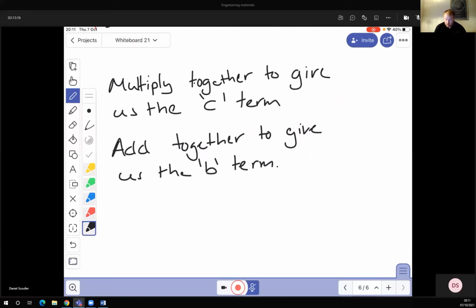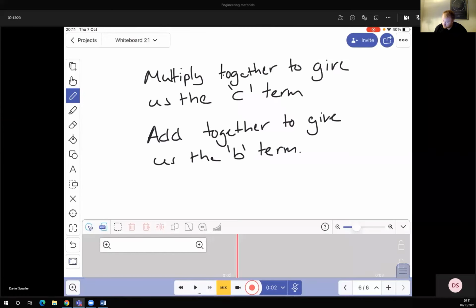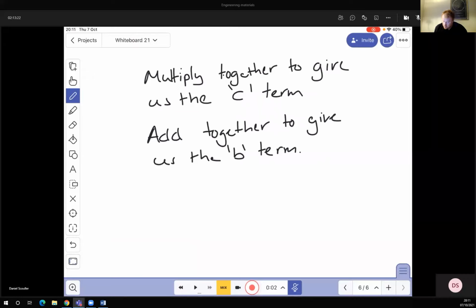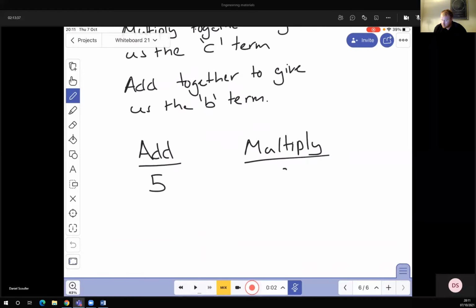So we're looking for two numbers that add together to give us the number 5, and multiply together to give us the number 6. We're not looking at the trinomial format, I'm just looking at this as an example.